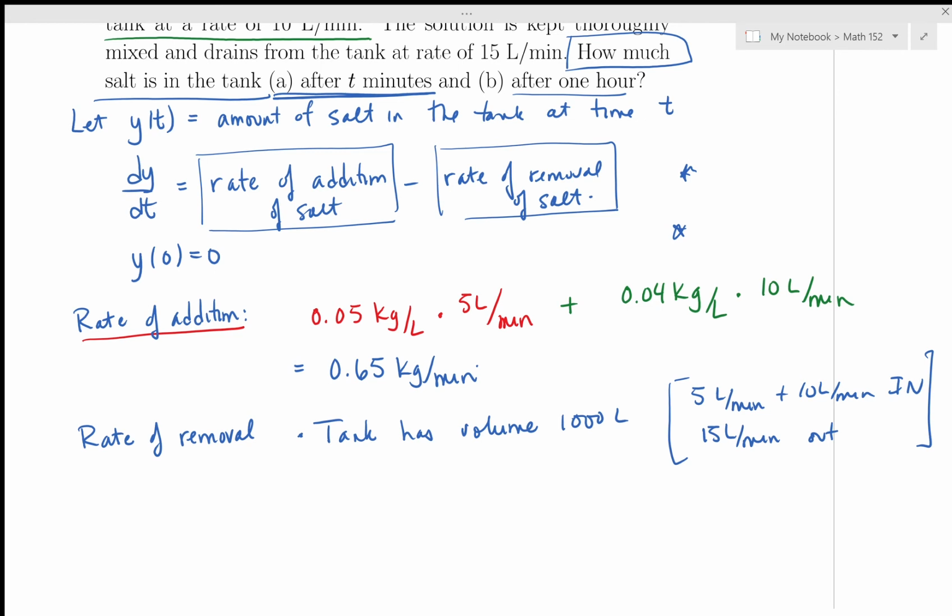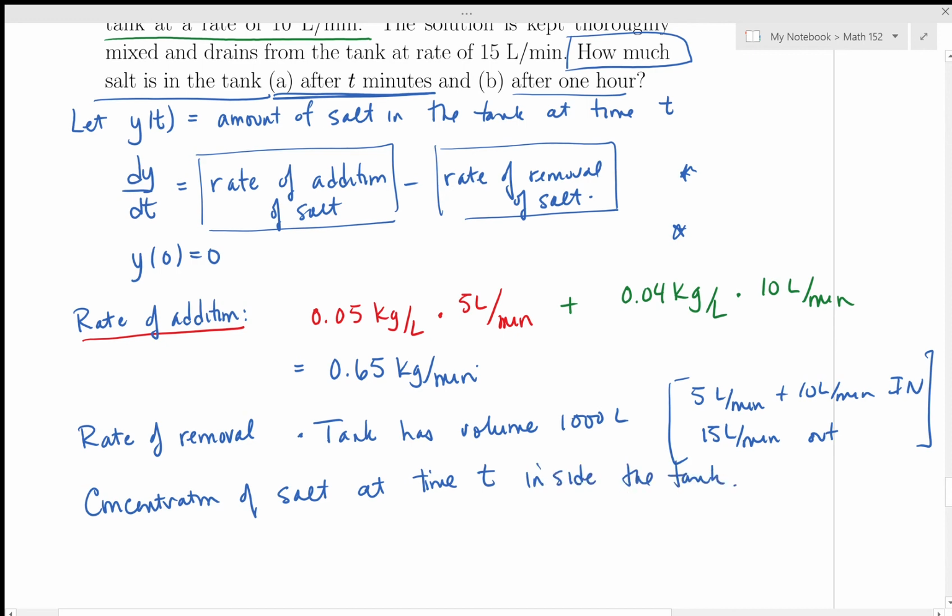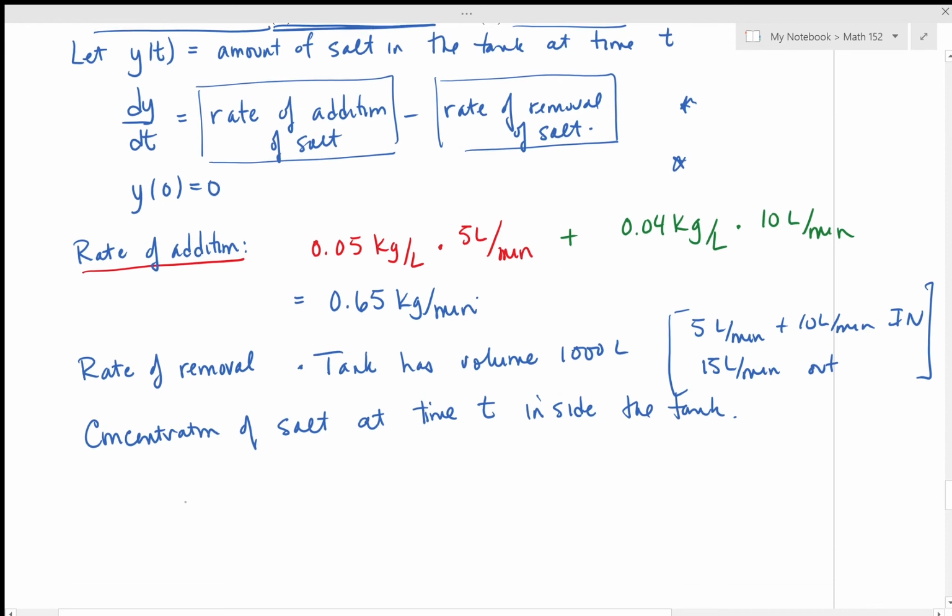So I need to know the concentration of the salt at time t inside the tank. The concentration is the amount of salt in the tank divided by the volume of the tank.